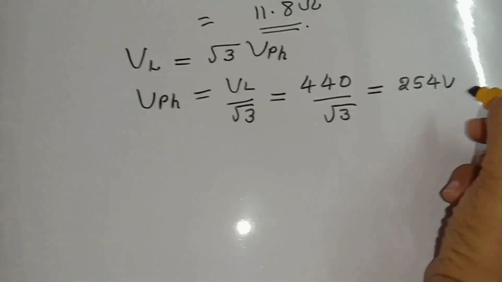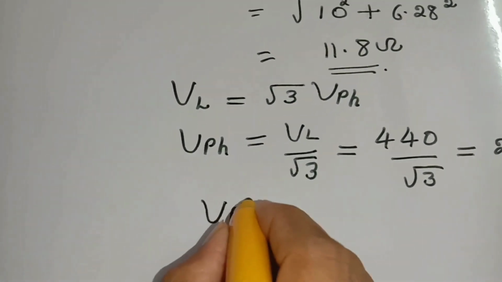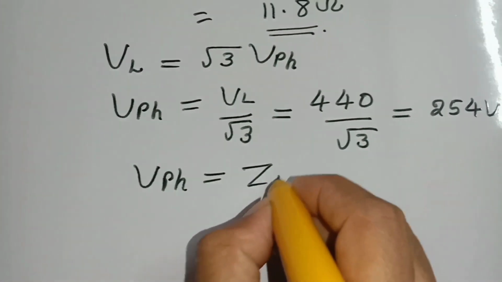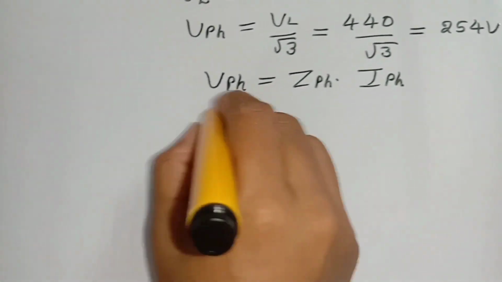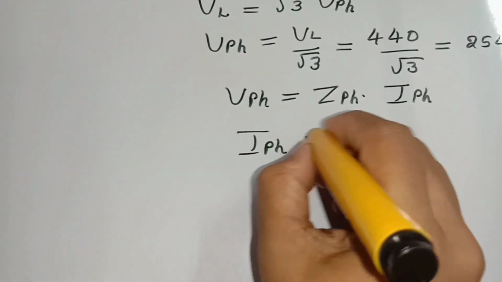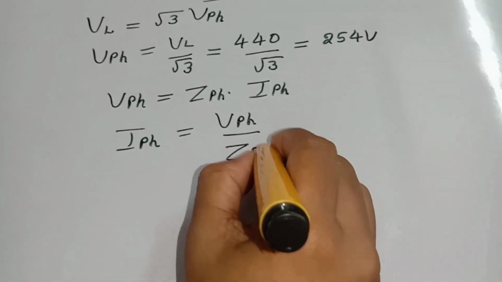Now, once VPH and ZPH is known, we can make use of the relation VPH is equal to ZPH into IPH. So, you can find out the phase current IPH is equal to VPH by ZPH.